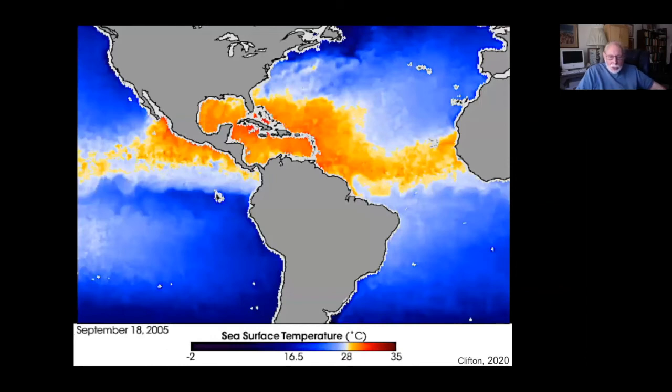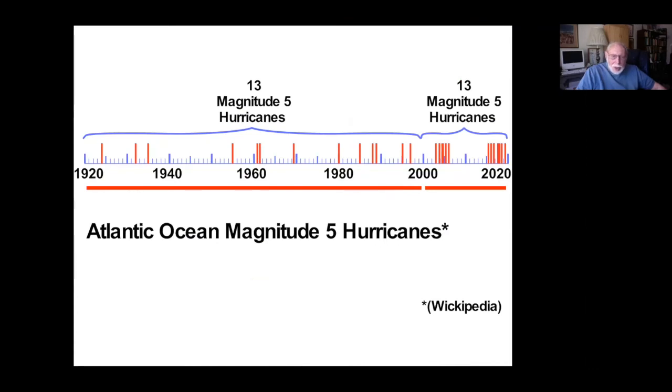And so the storms form in the tropical regions. And one of the things I did was to look at the magnitude 5 hurricanes over the period of 1920 to 2020, a 100-year period. And 13 of them occurred in the first 80 years and 13 in the last 20.